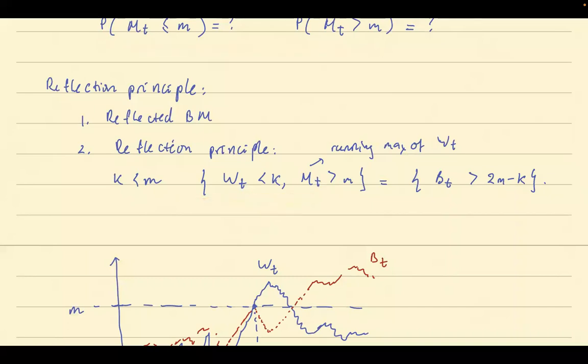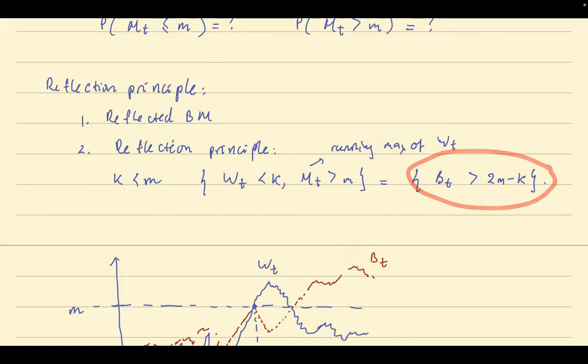On the other hand, this joint event collapses to a single event, if you will, based on BT. Now, if BT is a complicated thing that we don't know anything about, then this is no good. On the other hand, BT happens to be Brownian motion. Therefore, this is just a normal random variable. Therefore, we completely can control this probability.